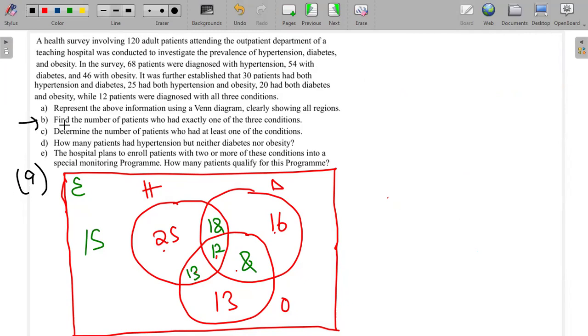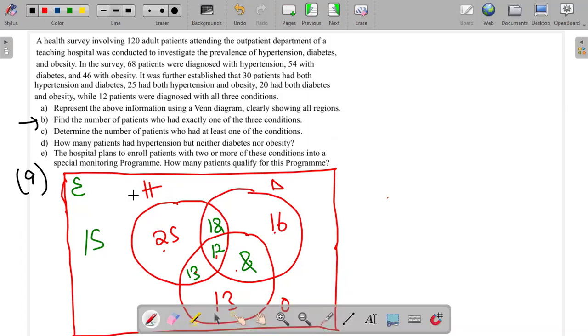So B, find the number of patients who had exactly one of the three conditions. Okay, so what does exactly one mean? They just mean those patients who had either hypertension only or diabetes only or obesity only. Those numbers, you can clearly see them here.